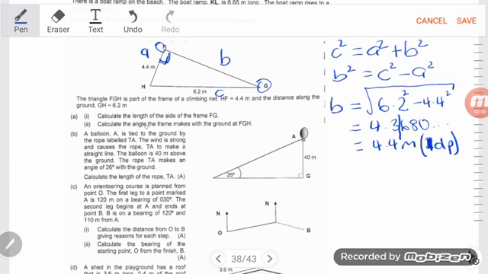Calculate the angle the frame makes with the ground at FGH. Okay, so G is the center angle. So we want the angle here, FGH. Okay, so we've got our hypotenuse labeled. Let's just relabel this.